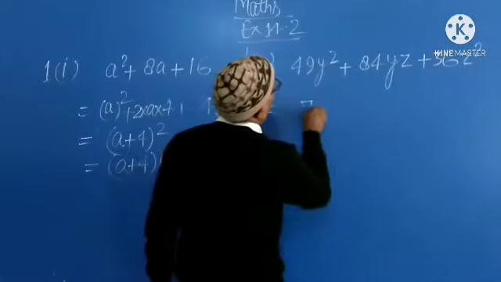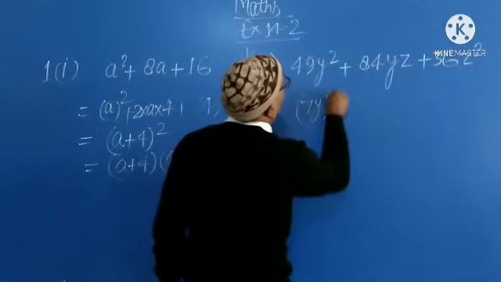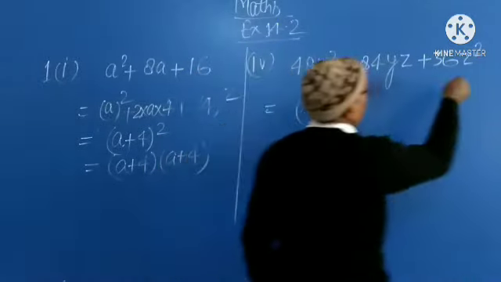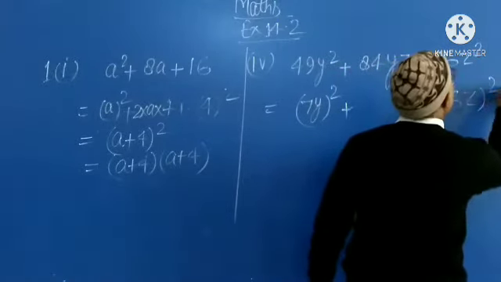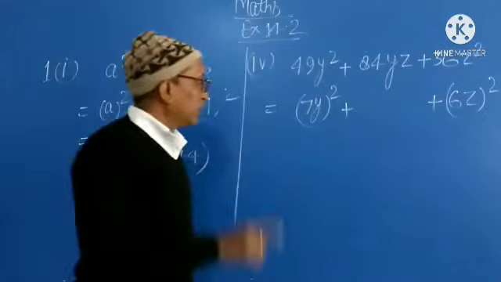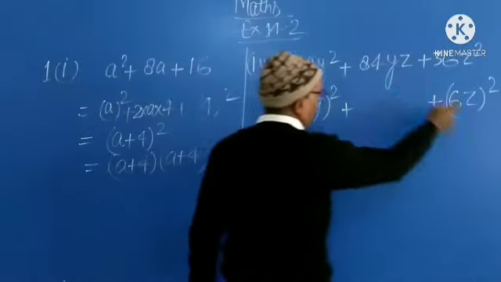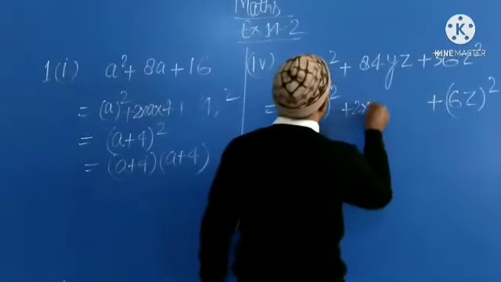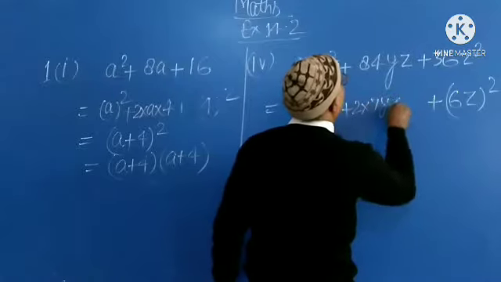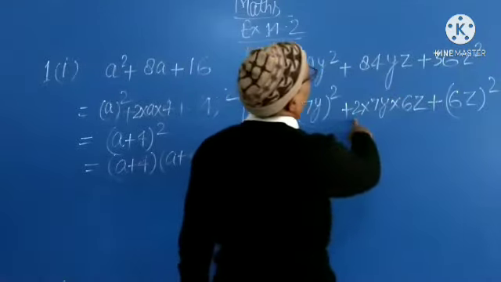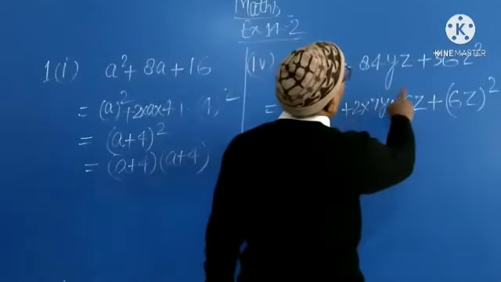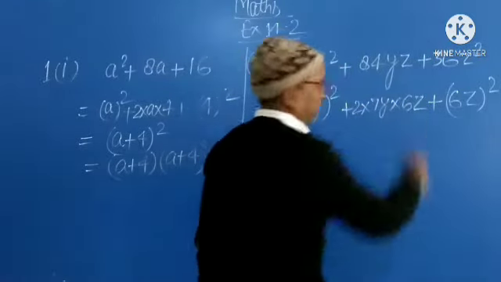Like this is 7y, and this is 6z. You write 2 into a into b, 2 into 7y into 6z. When you multiply, you get 2 sevens are 14, 6 fourteens are 84, yz.